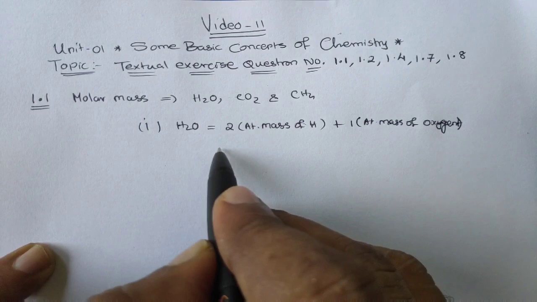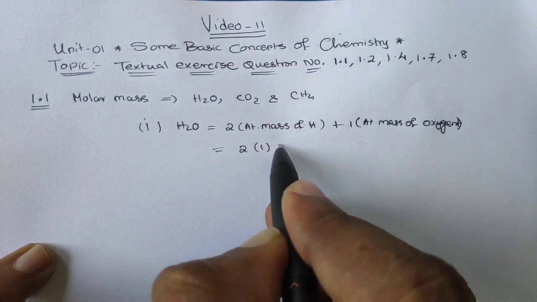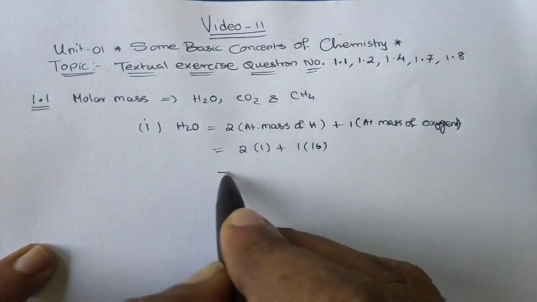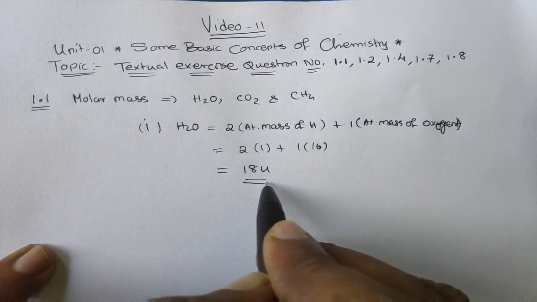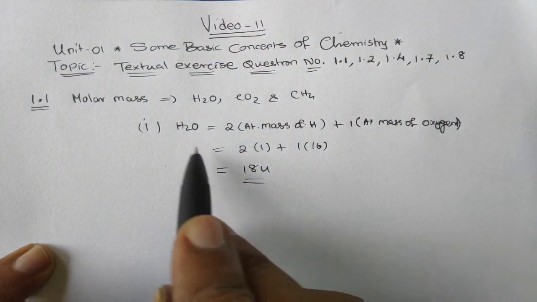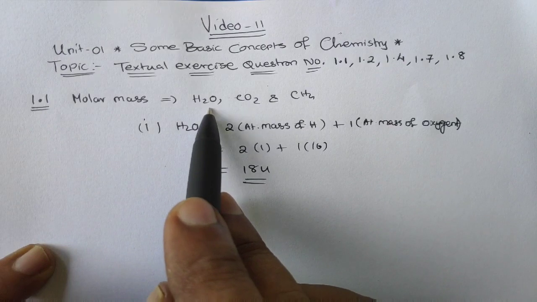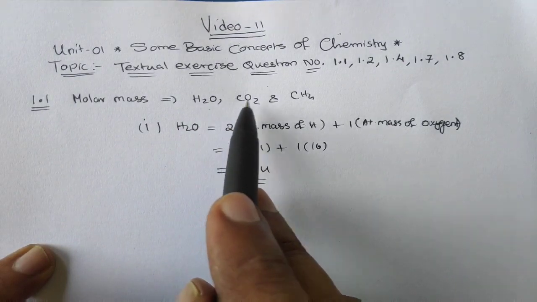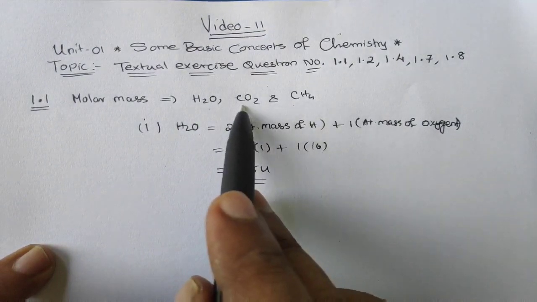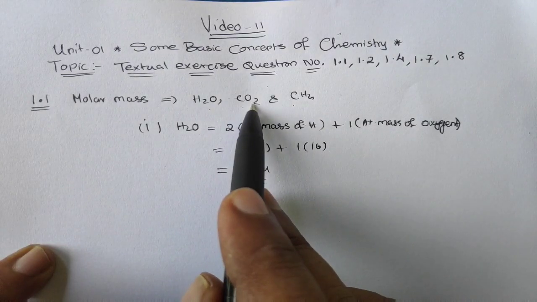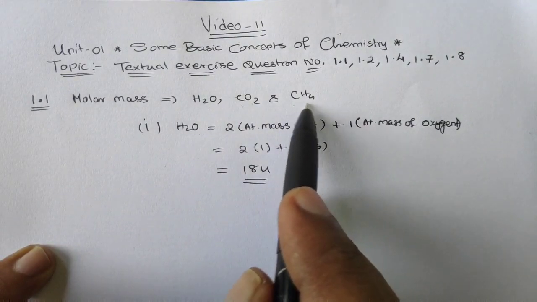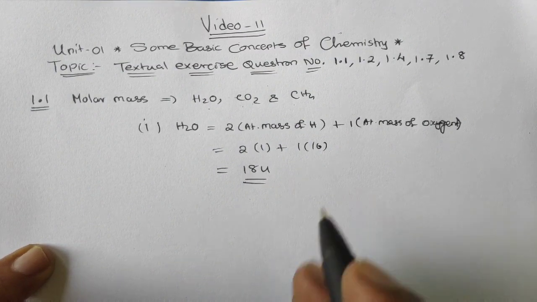So it will be 2 into 1 plus 1 into 16, which is equal to 18 u. Understood? So this is the molar mass of water. Same way you can find for carbon dioxide and CH4, where carbon is 12 and oxygen 16. Same way both of you can find in this method.